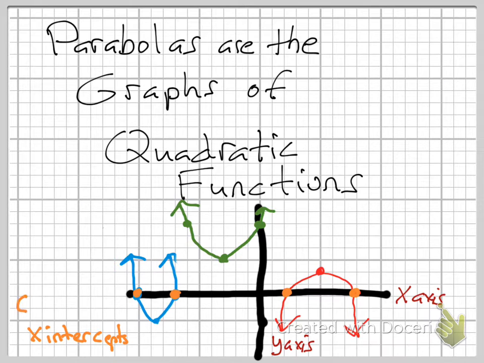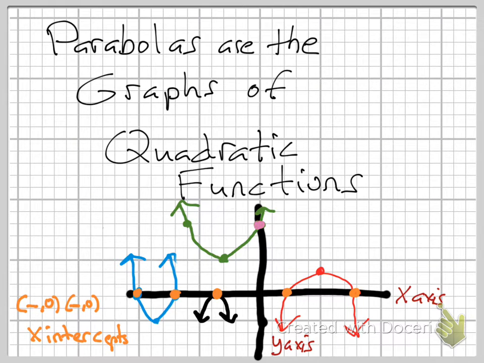X-intercepts are going to have an X value and a 0 for the Y. And sometimes there's none, sometimes there's 1, and sometimes there's 2. This might be an example of a parabola that only has one X-intercept. You can see how that X-intercept would be right there. So there's an example with 1. The next thing we're going to be looking for is the Y-intercept.